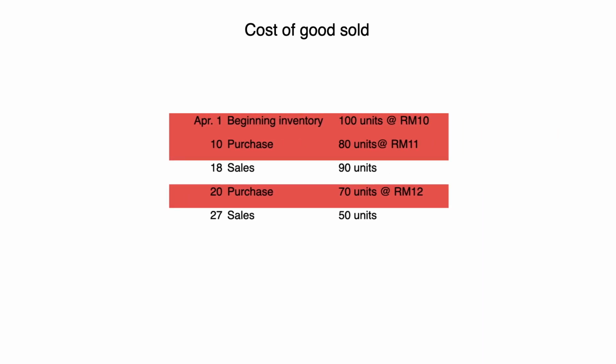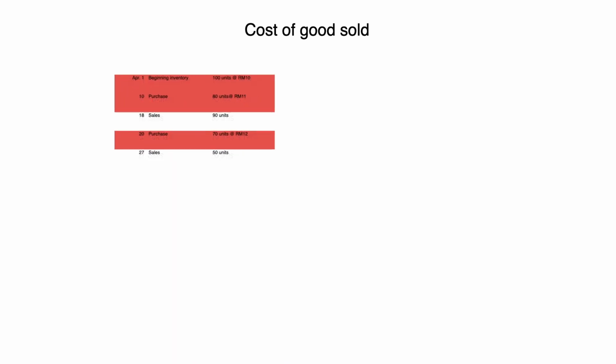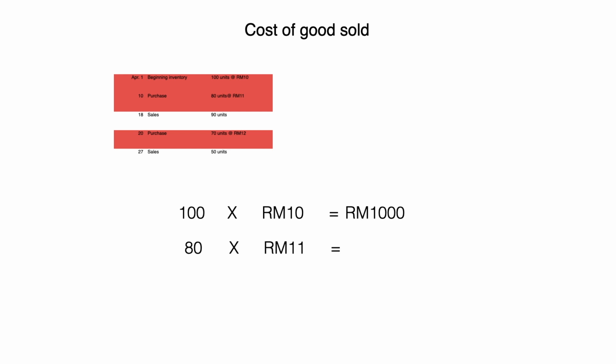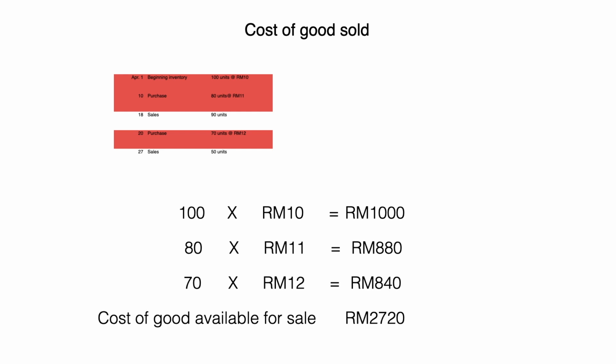Focusing on the beginning inventory and all the purchases, we calculate the total in RM: 100 times 10 ringgit, 80 times 11 ringgit, and 70 times 12 ringgit. The total is 2,220. That is what we call the cost of goods available for sale.